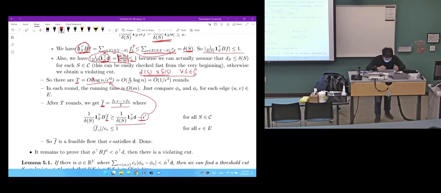And actually, I need another constraint too, that is the minus of this thing.